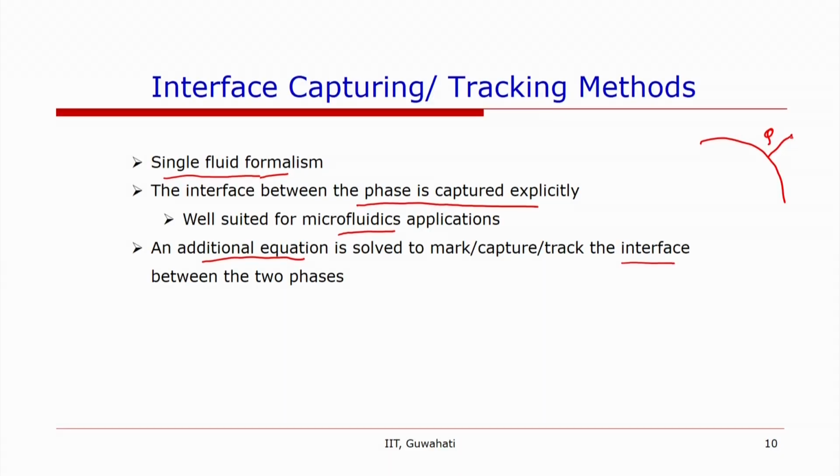If this is the interface, then distance from the interface is called level set function. So, that means that when phi is equal to 0, that represents the interface. So, the equation is solved for the advection of phi, and phi equal to 0 represents the interface.